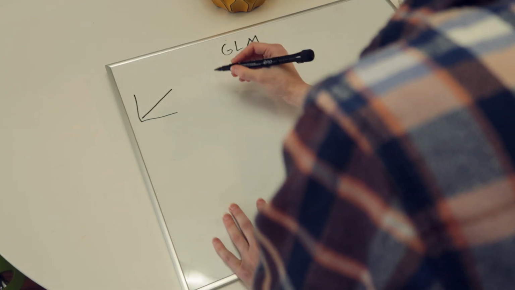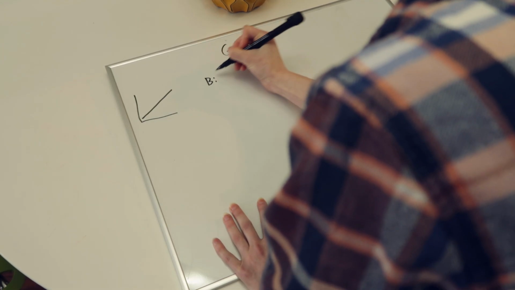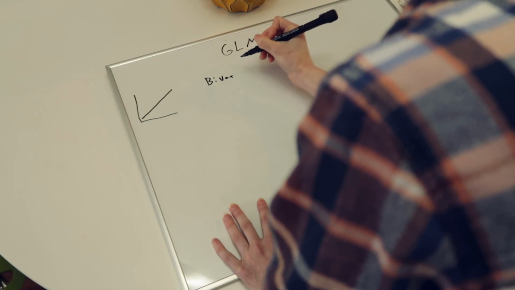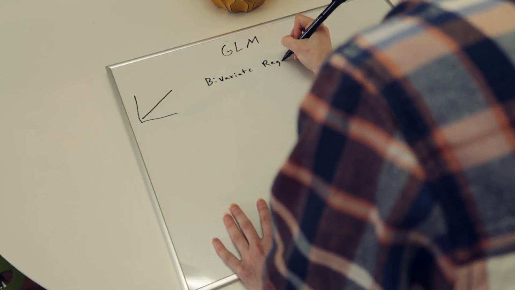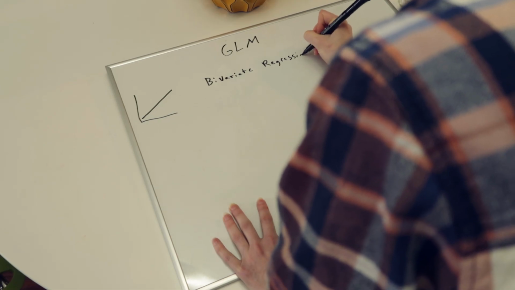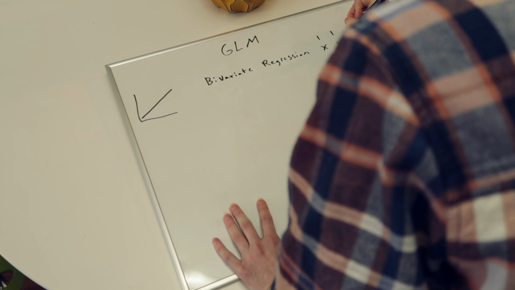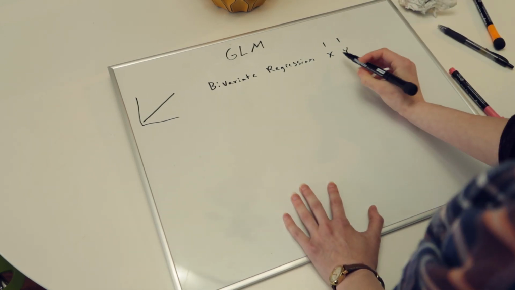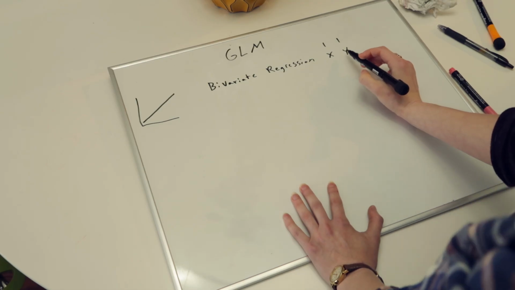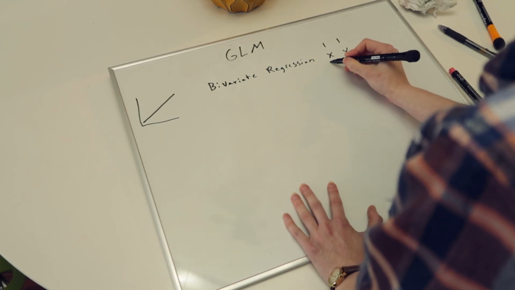So what that looks like, if we're going to do what's called a bivariate regression, that means we are taking one x and one y, like here, and we're predicting y values based on x.